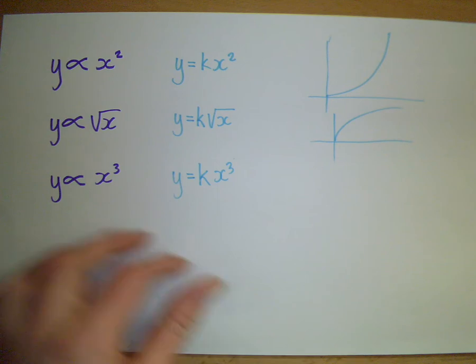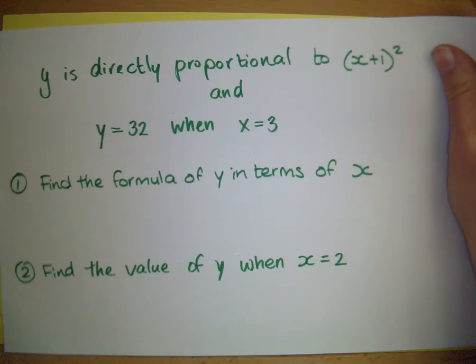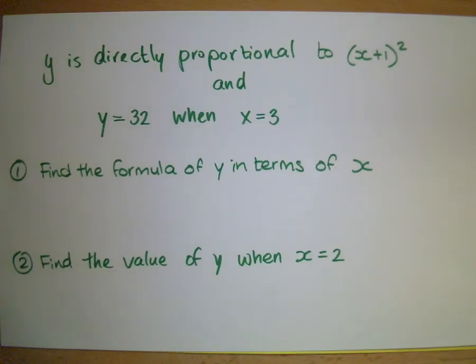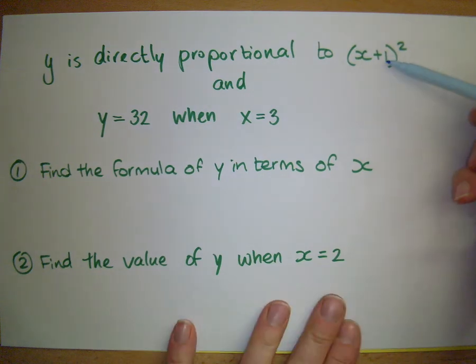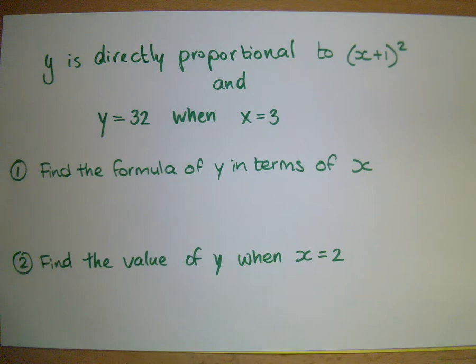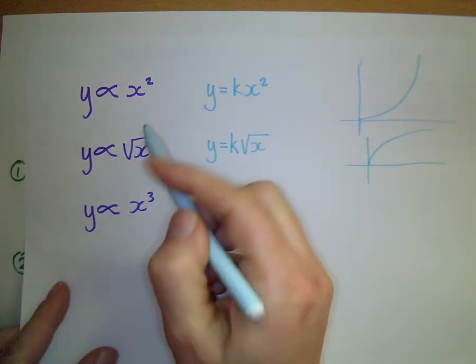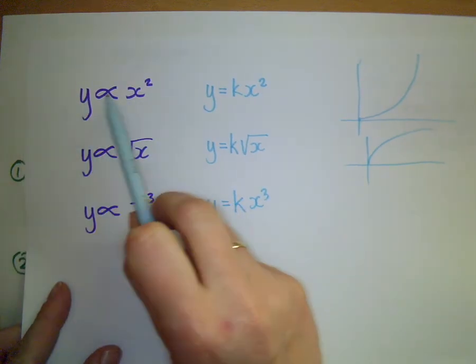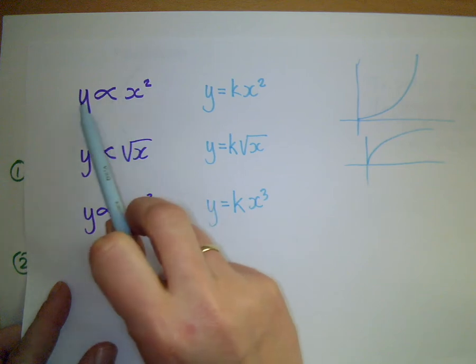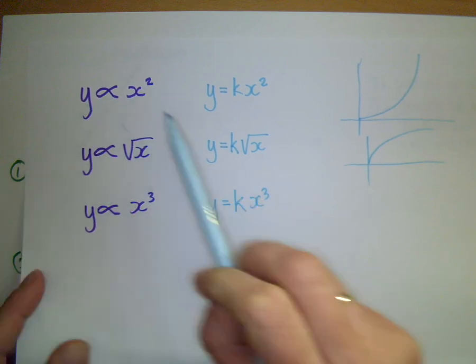Let's do an example problem. What if you were told that y is directly proportional to x plus 1 squared? That's this type, right? Y is directly proportional to x squared.